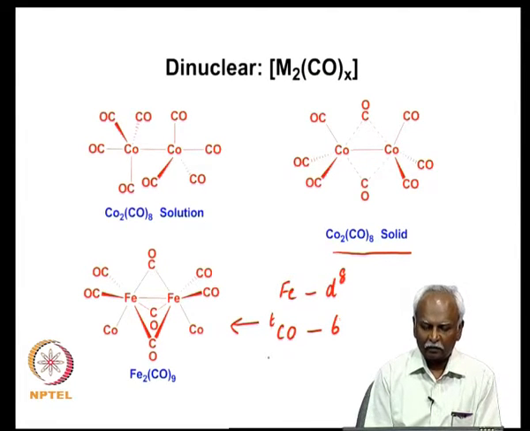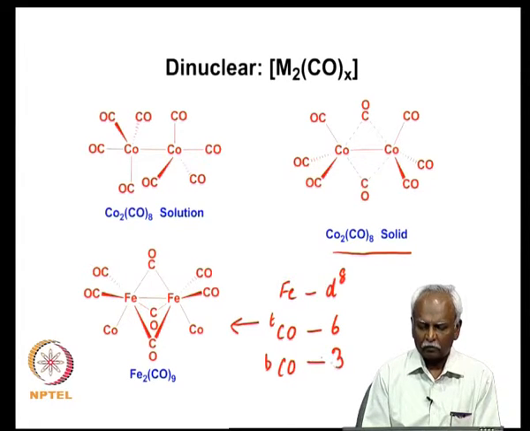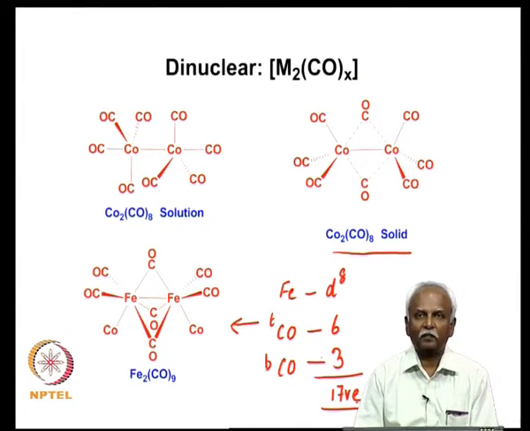And if I have the bridging carbon monoxides, they give you 3 electrons to each iron. So, you have a total of 17 valence electrons.